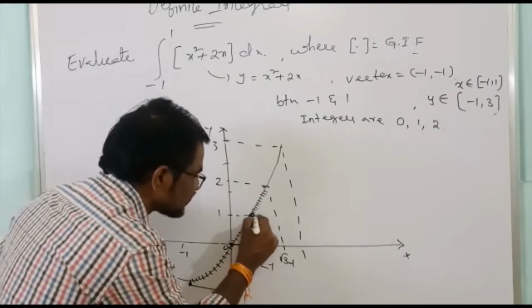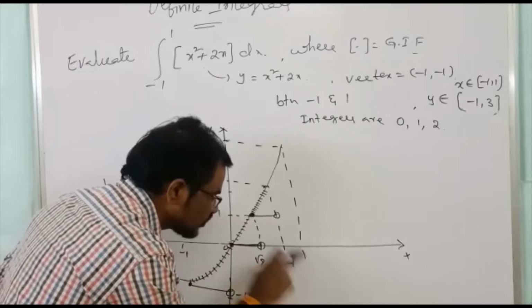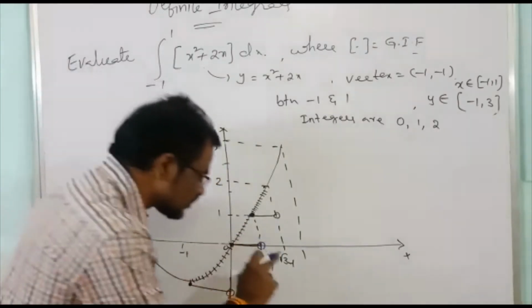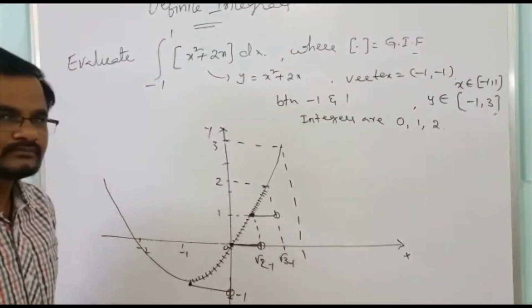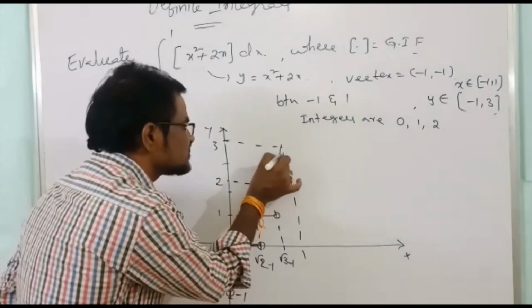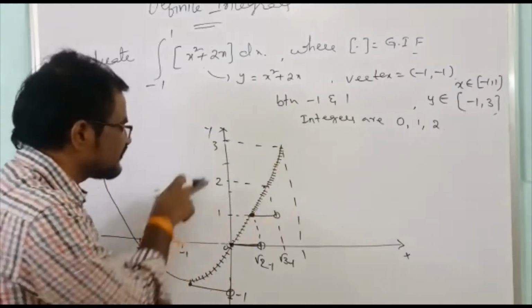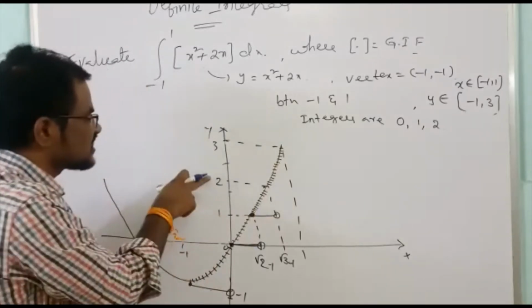If the x value is root 3 minus 1 to 1, the y value varies from 2 to 3, and the greatest integer of that is 2.